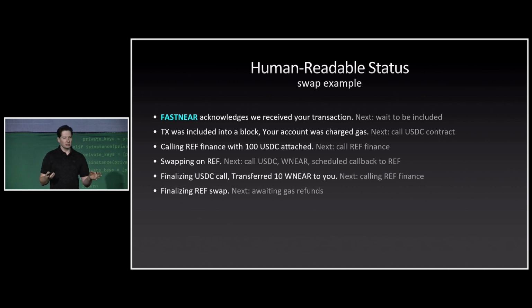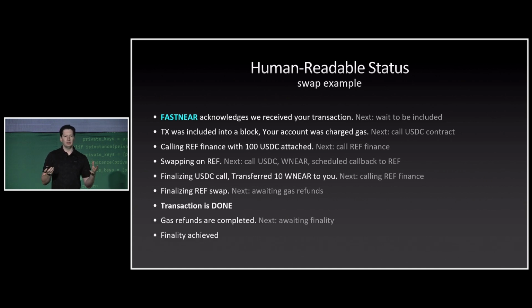Okay, finalizing the swap, so all successful. No need to do token refunds or anything like this. So we're pretty much done. Our API will give you that the transaction is completed. Next is going to be gas refunds, and finally we're going to get the finality.